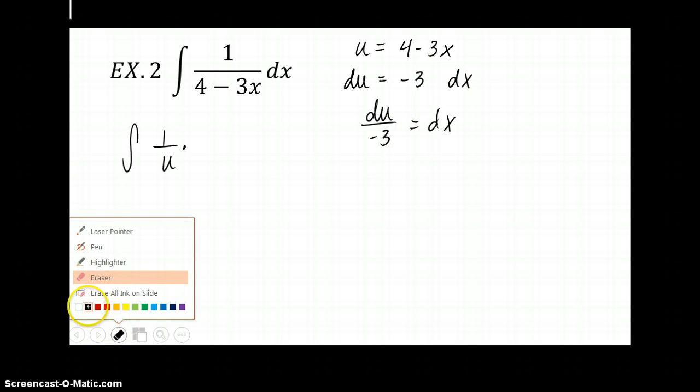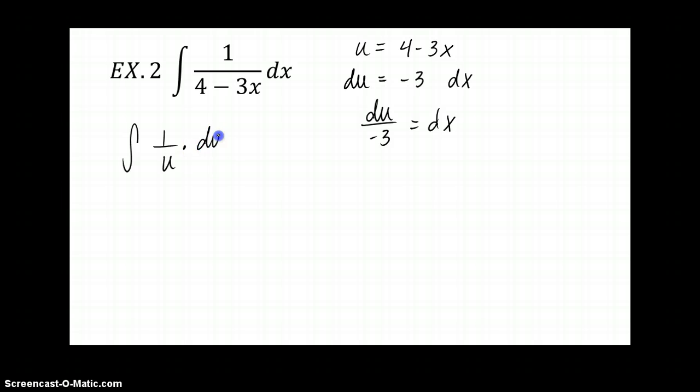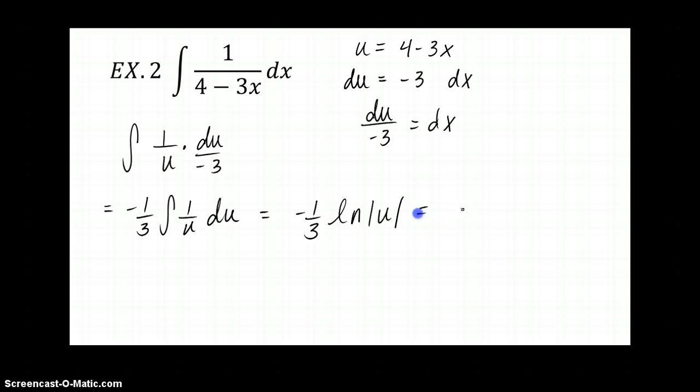Sorry about that. Times du over negative 3. So this gives me negative 1/3 antiderivative of 1 over u du. Negative 1/3 is our coefficient. Antiderivative of 1 over u is ln of the absolute value of u. So then our last step would just be to replace u with our substitution.